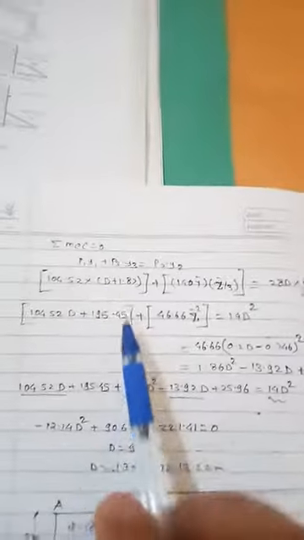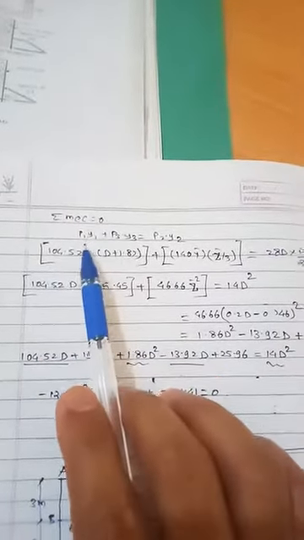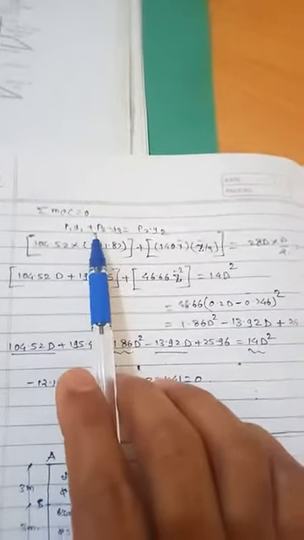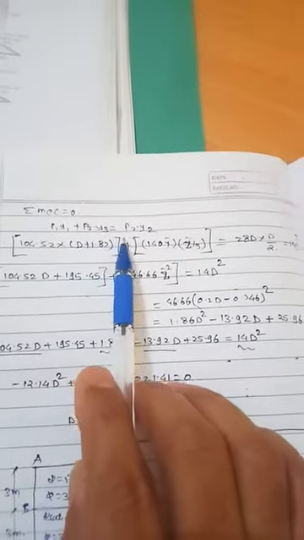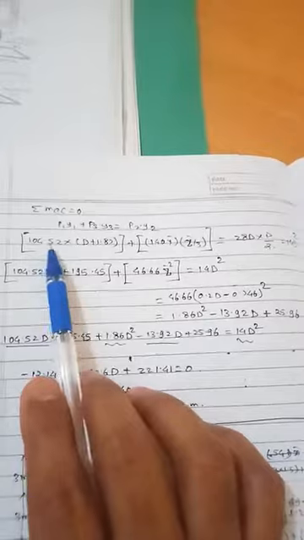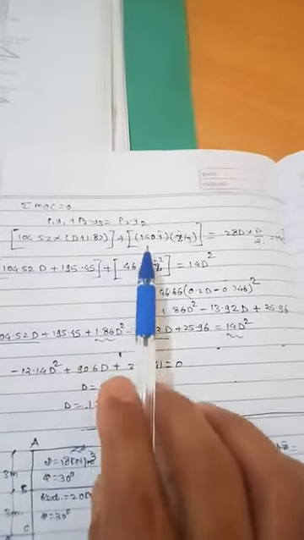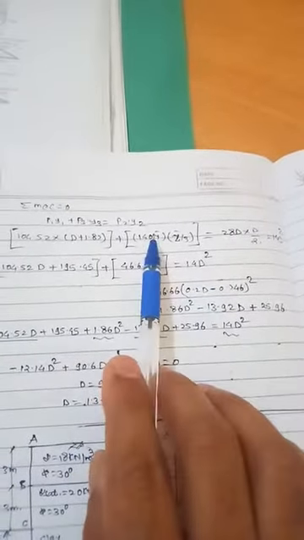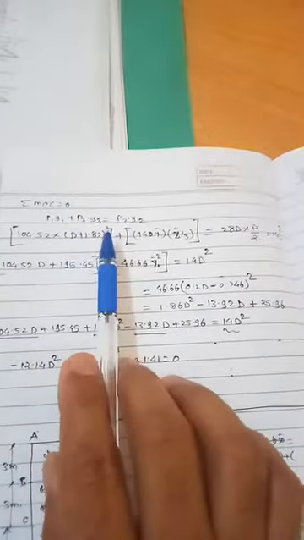Now here we will use the equilibrium equation, that is summation of moment about C equal to 0: P1 Y1 plus P3 Y3 equal to P2 Y2. Now here we know what P1, P2, P3 are. These values we know. Also we know Y1, Y2 and Y3.